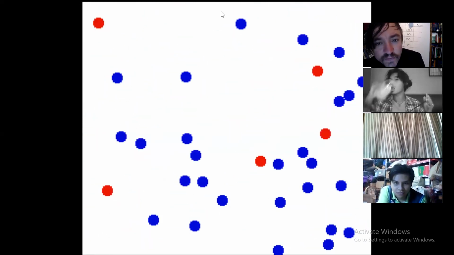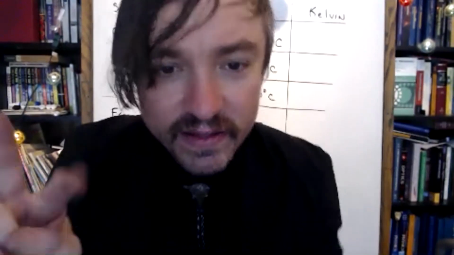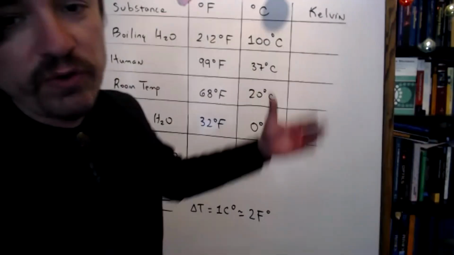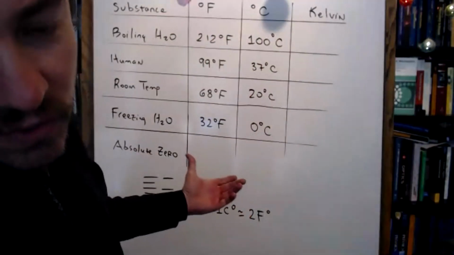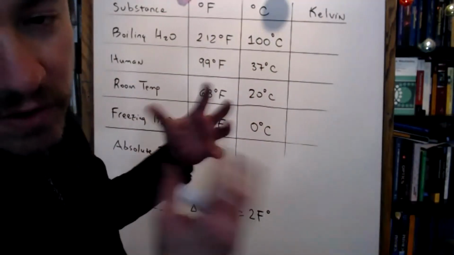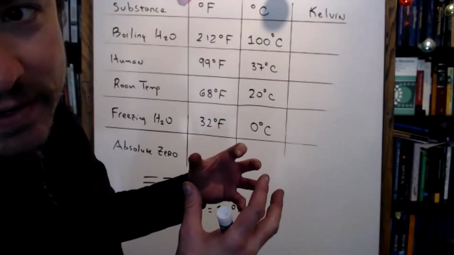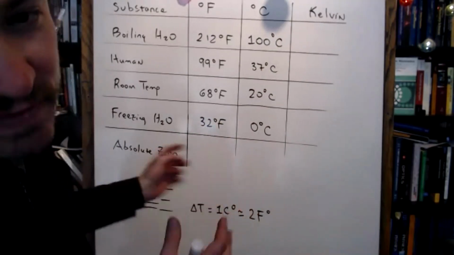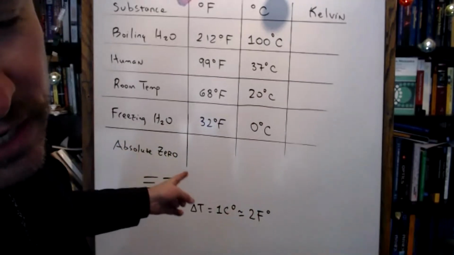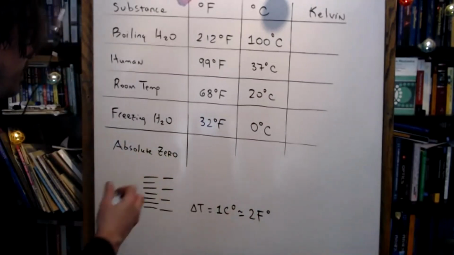And that suggested that the particles were moving slower and slower and slower as they were cooling down. In fact, that's one goofy way that we can think about temperature. A useful lie is to think of temperature as the speed of the particles. Eventually, you would get to some temperature that was so cold that in theory, all the particle motion should stop, and there should be no more motion to any of the particles. That's when you reach the theoretical limit called absolute zero.